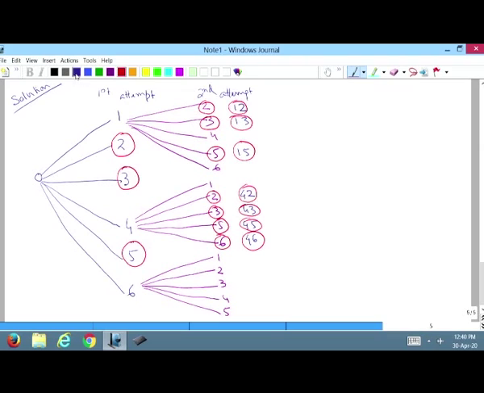And similarly, for the third case, we stop if we get 6 2, 6 3, 6 4 and 6 5. As per the rule of the experiment, we stop.